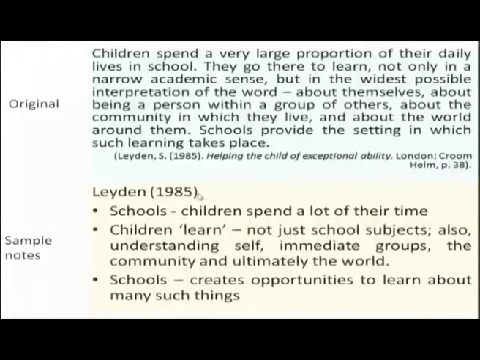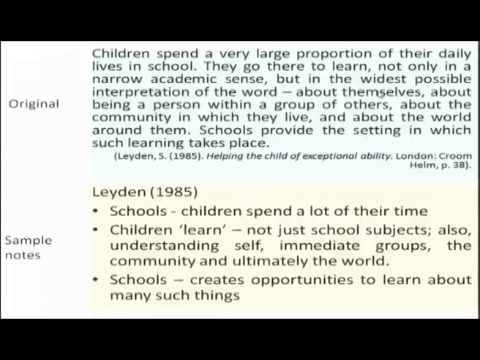So, Leiden 1985, schools, this is where children spend a lot of their time. See, spend a very large proportion of their daily lives, it has been paraphrased in this way. Then they go there to learn. So, children learn not only in a narrow academic sense, that has been paraphrased here as not just school subjects.